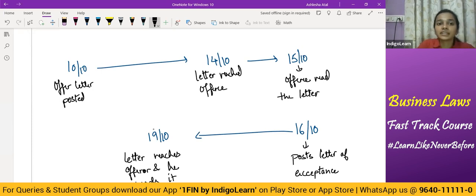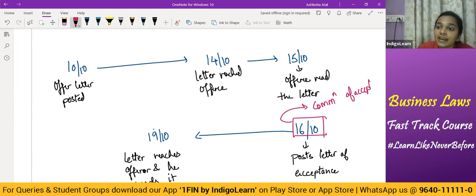So what is happening here? On 16th of October, the offeree has posted his letter of acceptance. So now the offeree has become the acceptor. So 16th of October here will be the date of communication of acceptance. From whose point of view?